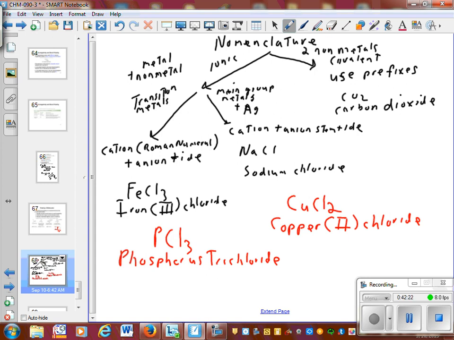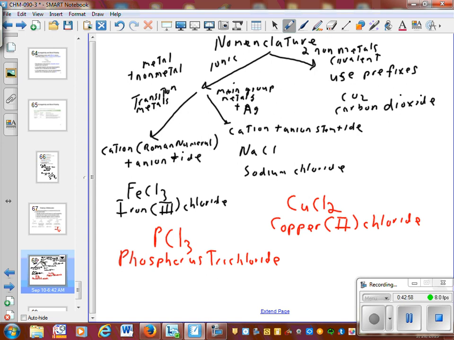You have three situations: one with main group metals, one with transition metals, or one with two nonmetals. So you have three choices when you name something. If it's covalent, you use prefixes. If it's ionic, no prefixes. If it's ionic with a main group metal, it's the name of the metal plus the anion stem plus IDE.